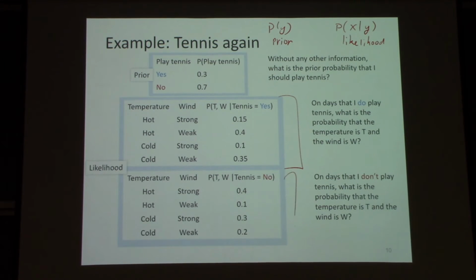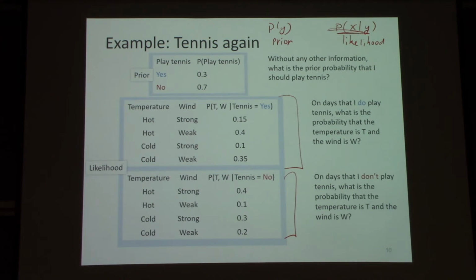The second part of the table at the bottom asks, on days that I don't play tennis, the probability that the temperature is hot and the wind is strong is 0.4. These two tables at the bottom together constitute the likelihood. This is asking what's the probability of x given y? What's the probability of observations given that y is yes or y is no? Given that you play tennis or you don't play tennis.